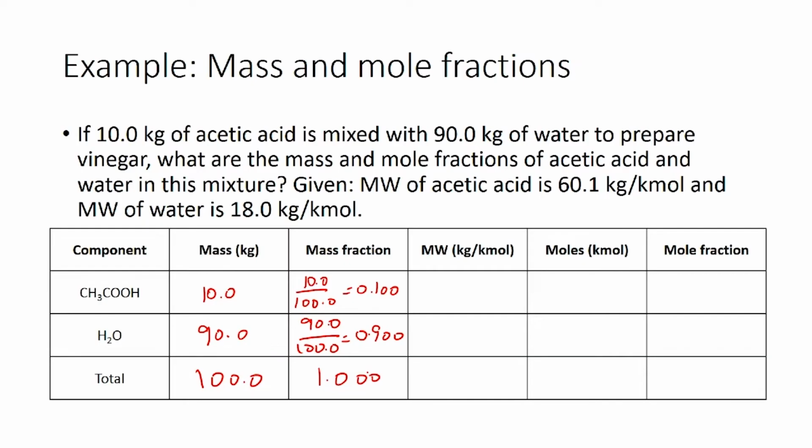The molecular weight for acetic acid is given as 60.1 kilograms per kilomole and for water 18.0 kilograms per kilomole.